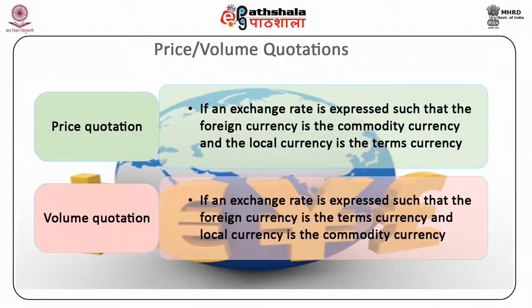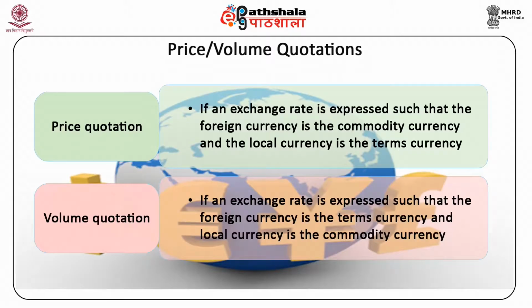The quotation US dollar 1 equals 124.50 yen constitutes a price quotation in Japan, but a volume quotation in the United States. A rise in the price of the terms currency corresponds to a fall in the number of units in which the price is expressed.